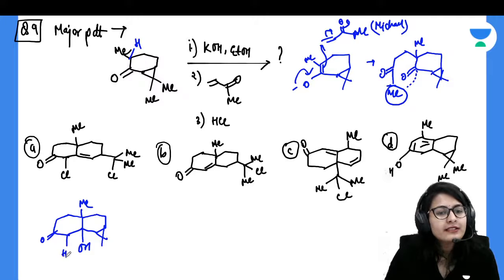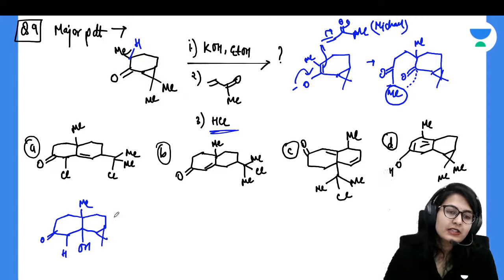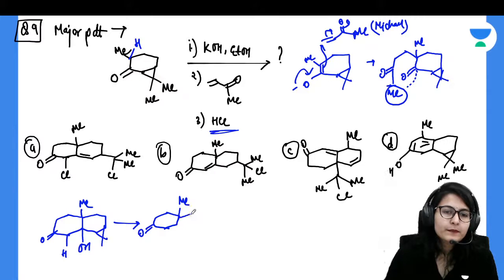And through the E1CB elimination, and since you don't have E1CB, you have HCl. All right. So in the presence of HCl, you can just have your E1 elimination, right? Or E2 elimination. So through this mechanism, you are first going to generate a carbocation over here.